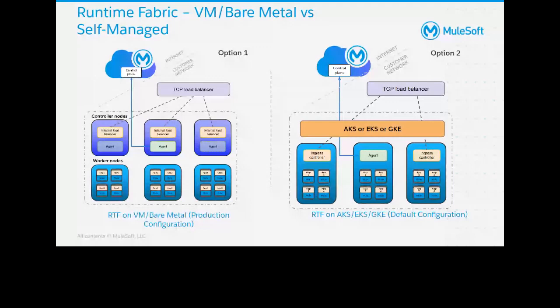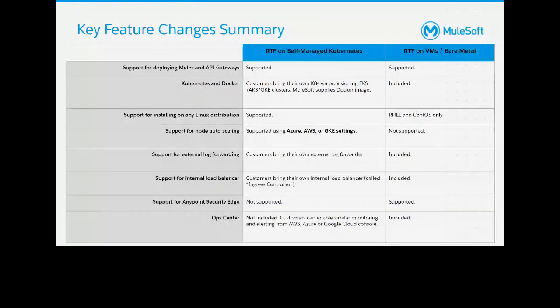Let us understand what are some of the differences in both. In the self-managed, some of the major differences, like I told you, both Runtime Fabric on self-managed Kubernetes and on VMs or bare metal, which is the appliance model, are for deploying Mule APIs. So you cannot deploy other non-Mule APIs as of now into any of these Runtime Fabrics.